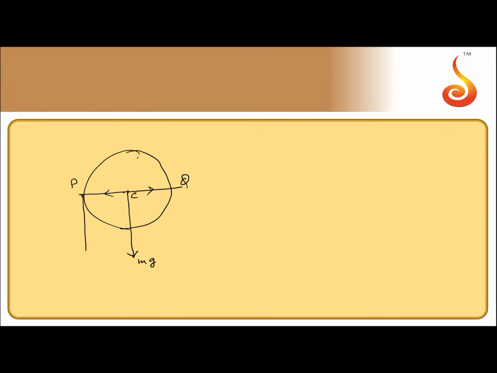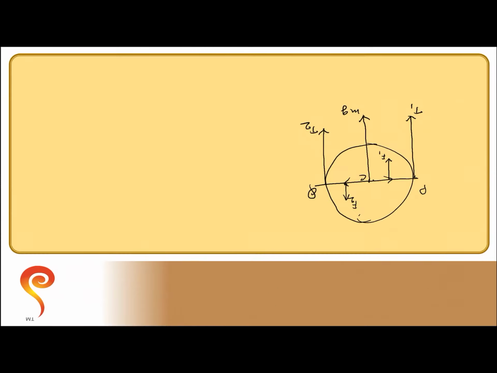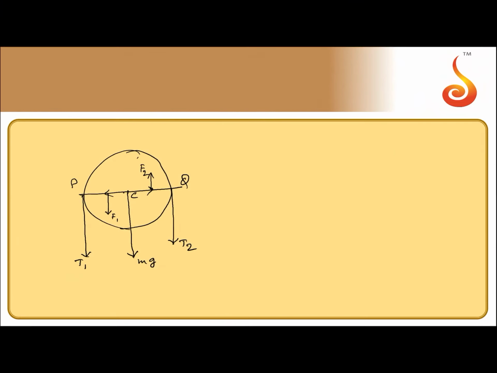mg, T2, F1, F2. So these two, PC and CQ, will experience force because these are current carrying wires placed in magnetic field.